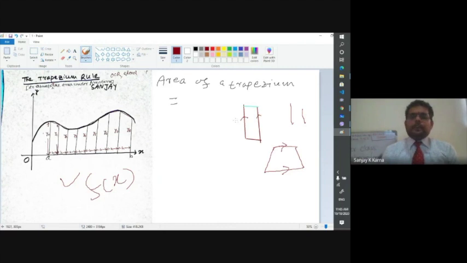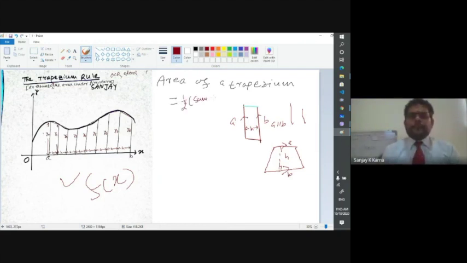Say this side length is A and this side length is B. A and B are parallel, and there is some width between them, which is also called the height. Say this is H.